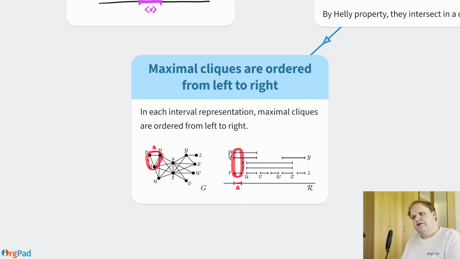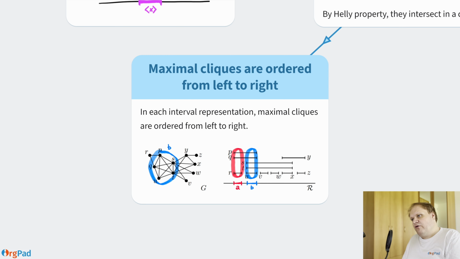For example, PQR is maximal, we can't add any other vertex into it. And in the interval representation on the right, the common intersection is this interval A on the right. Next, if we consider another clique, PQUST here, then this clique is again intersecting in some interval, and so on.